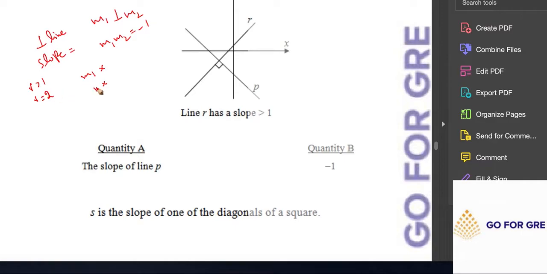So there must be something negative and a fraction. So it becomes -1, which means the slope of the line must be greater than -1. So the answer is A.